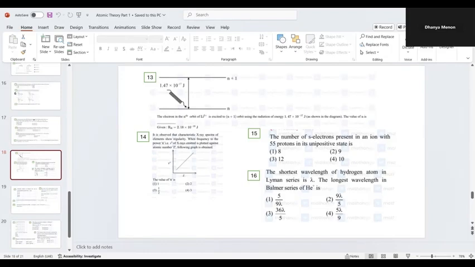Now students, coming to the 13th one: the electron in the nth orbital of the lithium 2 plus ion is excited to the n plus 1 orbit using radiation energy. Find the value of n, and they have given the energy of the hydrogen atom.